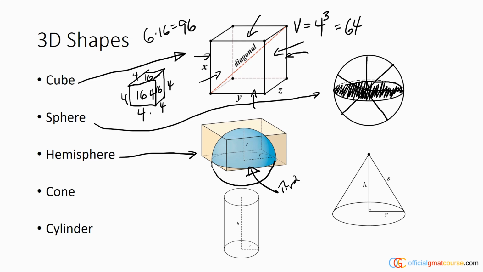Now, a cone is a shape that looks like this, and basically you could make a cone with different types of bases, but a lot of times they like to test with a circular base. And they'll give you a formula for calculating area, but sometimes you could have a question, and I've seen this before, I actually saw this on my actual test, where you have a cone inscribed inside of a hemisphere.